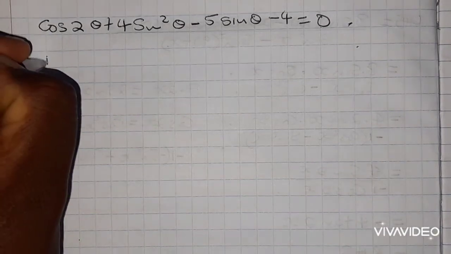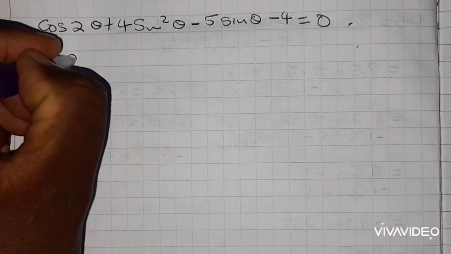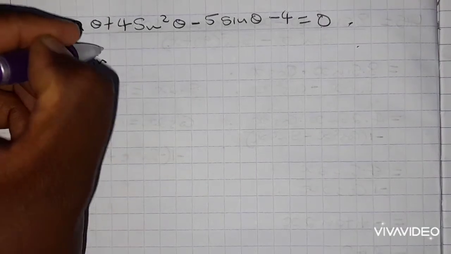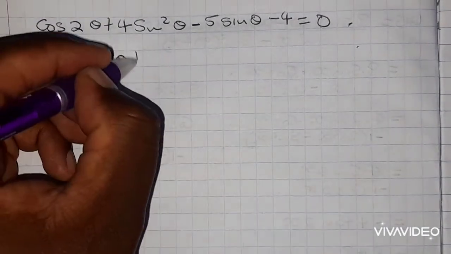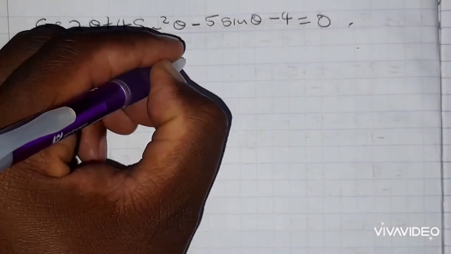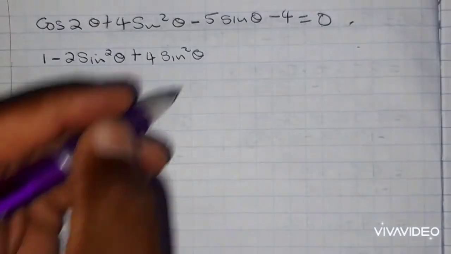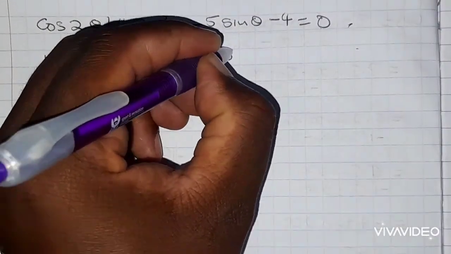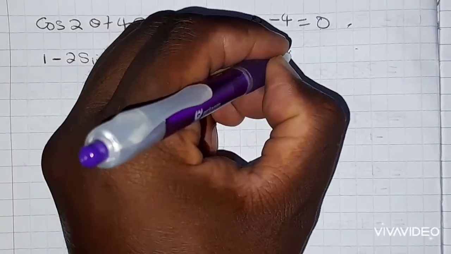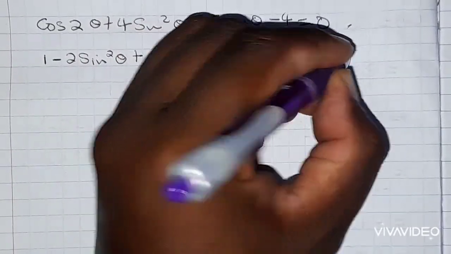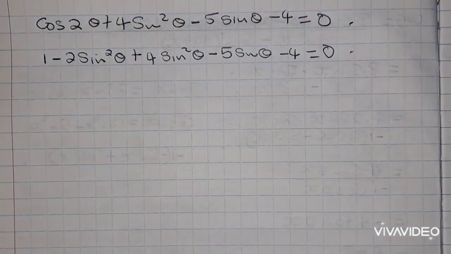So this one becomes 1 minus 2 sine theta squared, and then plus 4 sine theta squared minus 5 sine theta minus 4 is equal to 0.